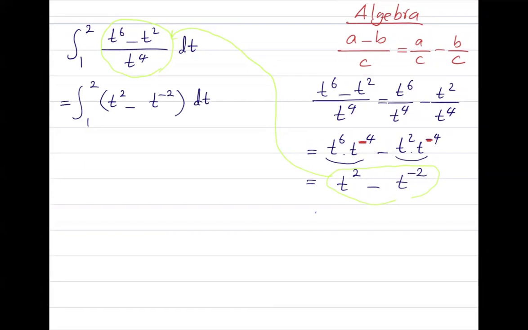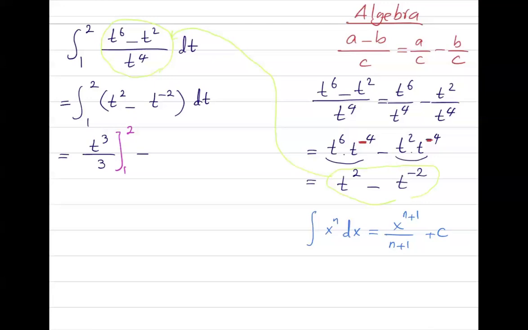Remember that we learned if we have the integral of x to the power n dx, it is x to the power n plus 1 over n plus 1 plus constant of integration. It doesn't matter if n is negative or positive. You have the same rule to follow. The very first integral becomes t cubed divided by 3, with t ranging between 1 to 2, minus the second integral.